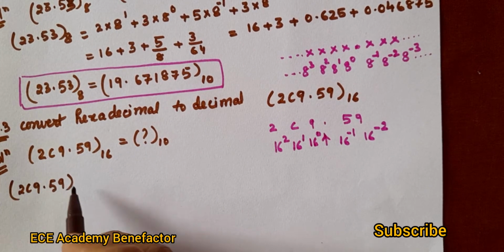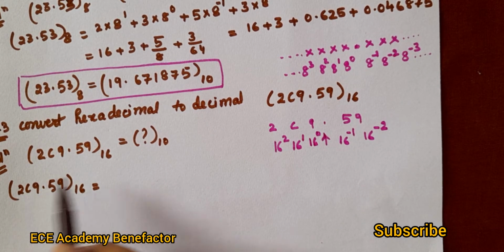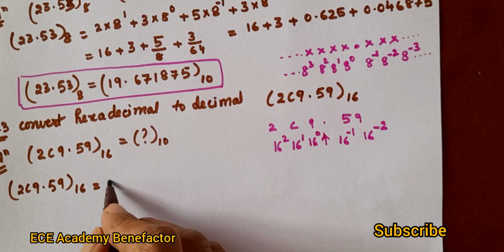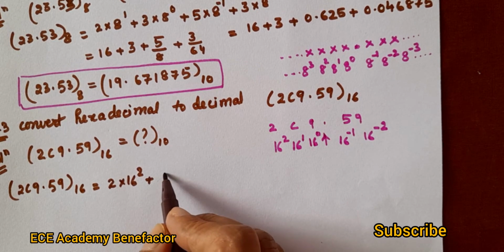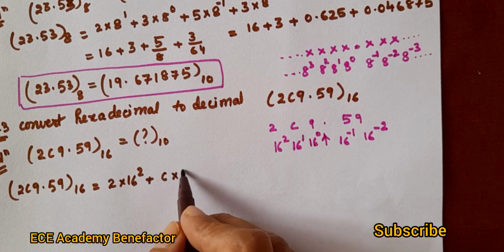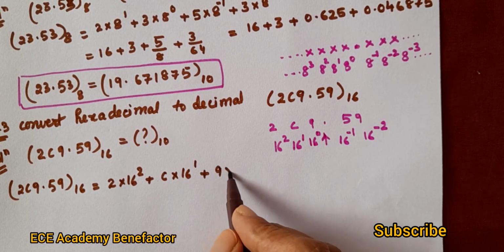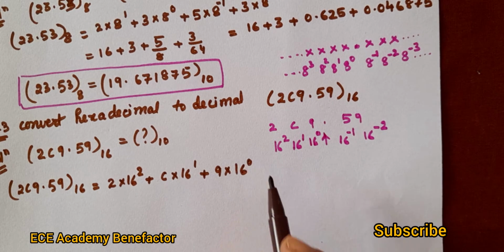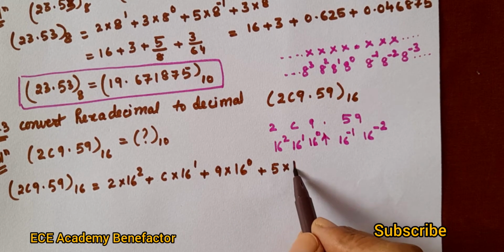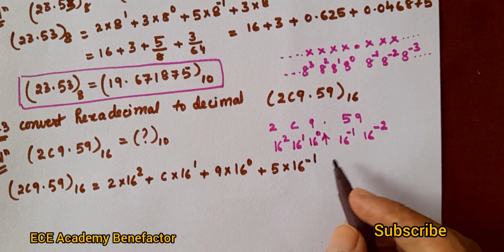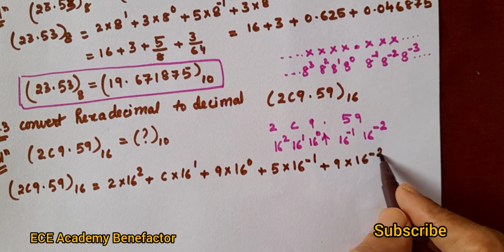So, 2C9.59 hexadecimal number. First multiply 2 by 16 to the power of 2 plus C into 16 to the power 1 plus 9 into 16 to the power 0 plus 5 into 16 to the power minus 1 plus 9 into 16 to the power minus 2.